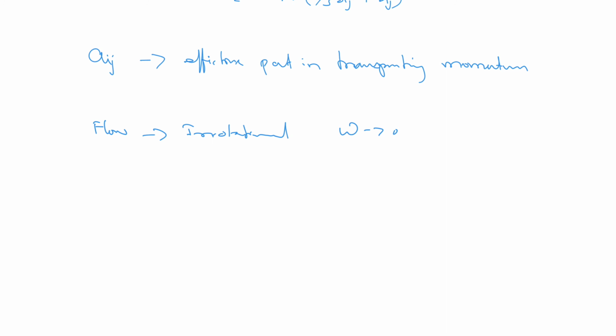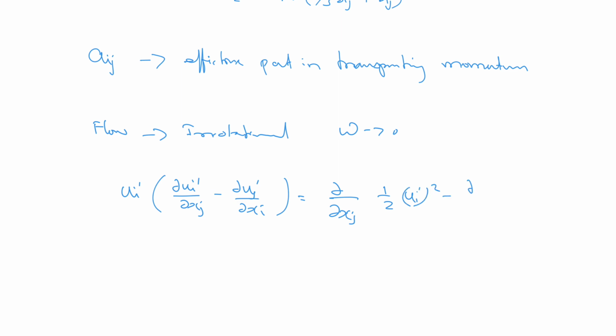So what we can write is u_i dash ∂u_i dash/∂x_j minus ∂u_j dash/∂x_i equals ∂/∂x_j of half u_i dash square minus ∂/∂x_i of u_i dash u_j dash.